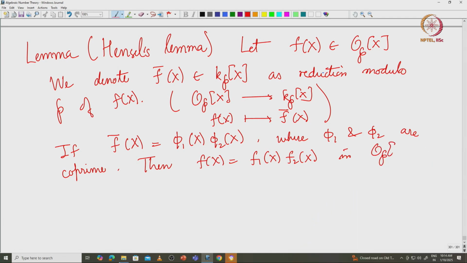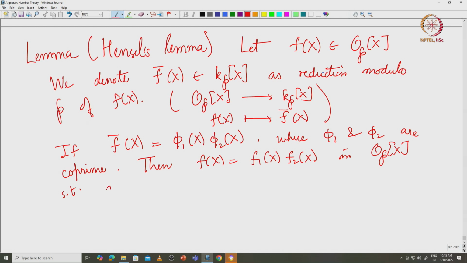such that, well, first of all, the degree of f bar could be strictly less than the degree of f. So, I can't say that the degree of phi 1 should be the degree of f1 and the degree of phi 2 should be equal to the degree of f2, but I can ask that for one of those polynomials.